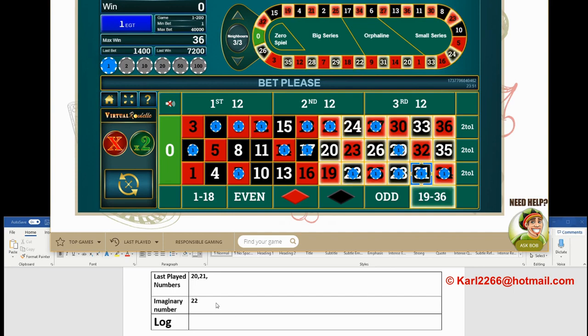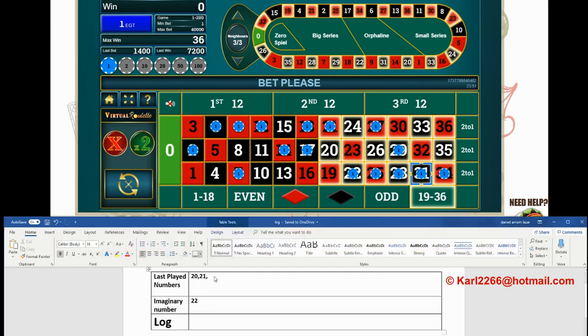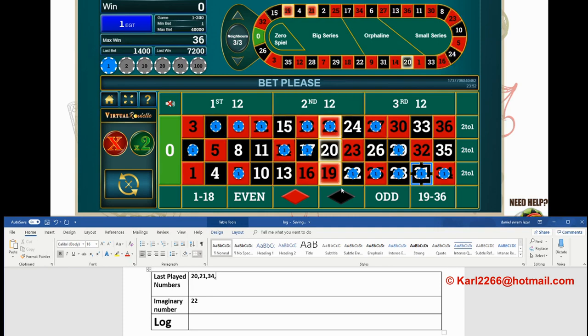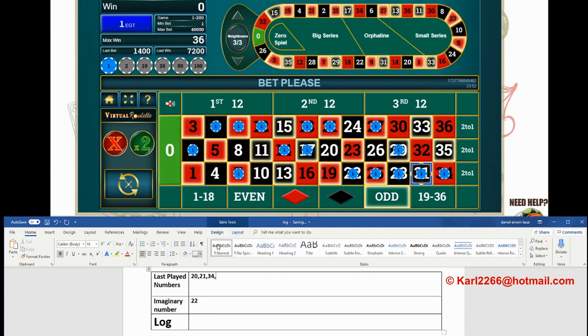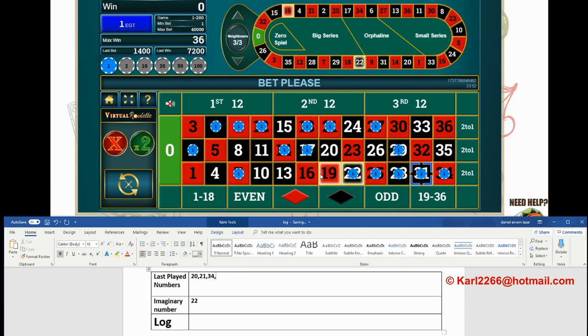Okay, let's say the next number after 21 is 34. It's a win because it's near 17, the terminals from 22. Yeah. So what do we do now when we have 34?